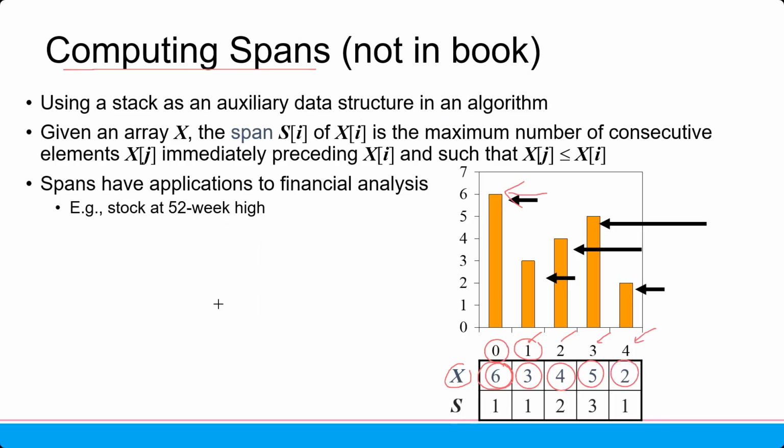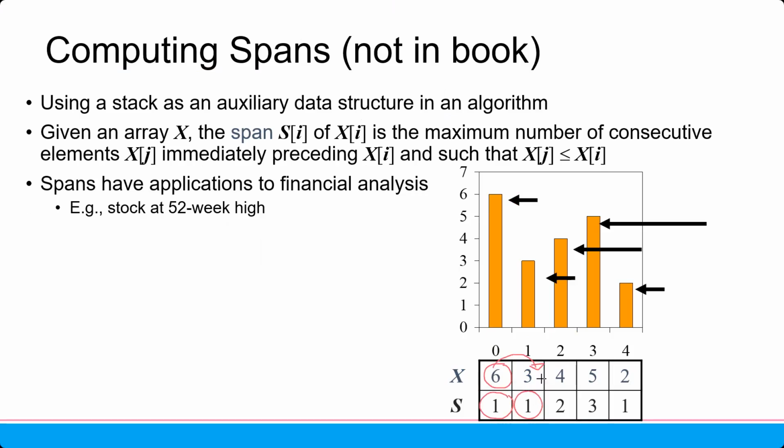So we want to check: if it is still high and then directly goes down, then we will keep the span as it is. Or we can say the span should be 1.